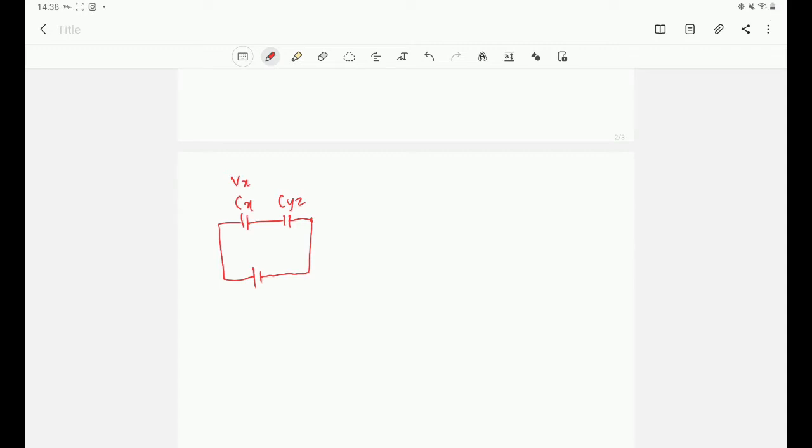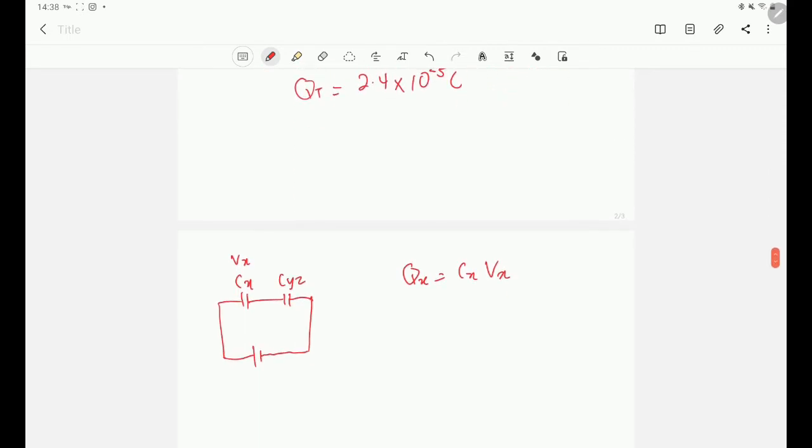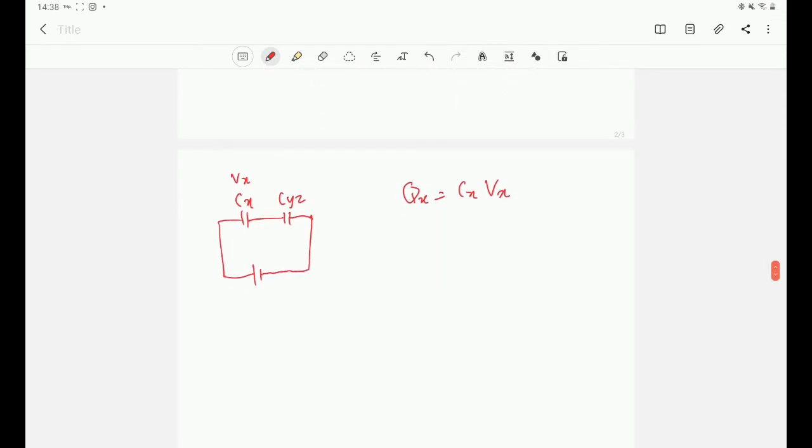So how we're gonna find it is we know that Qx is equals to Cx times by Vx. Alright, so because Cx and CYZ are connected in series, it means that Qx and QYZ are the same as the Q total.